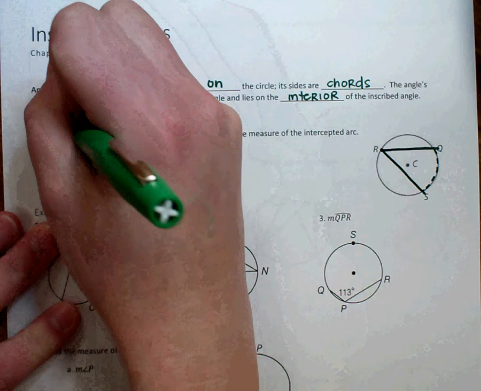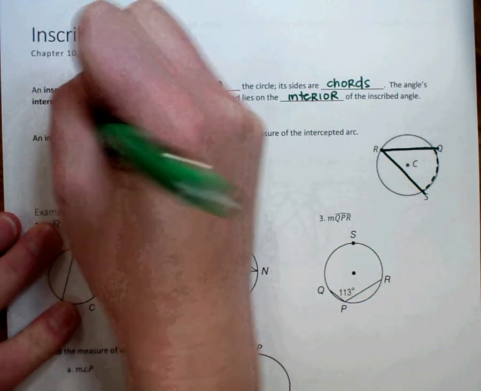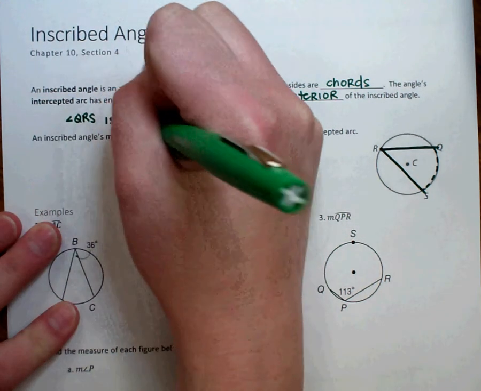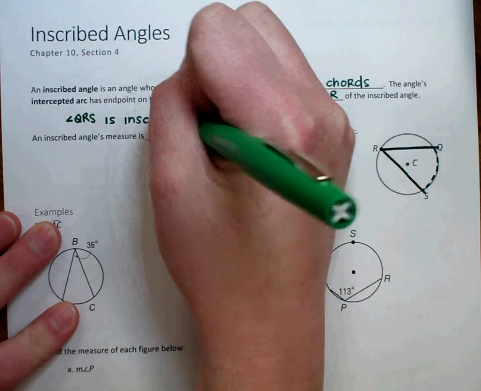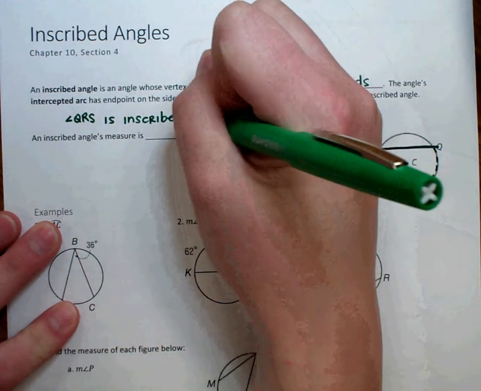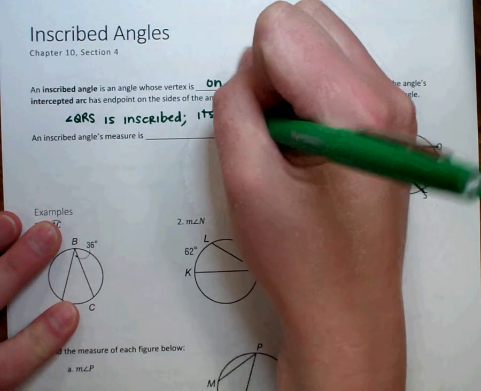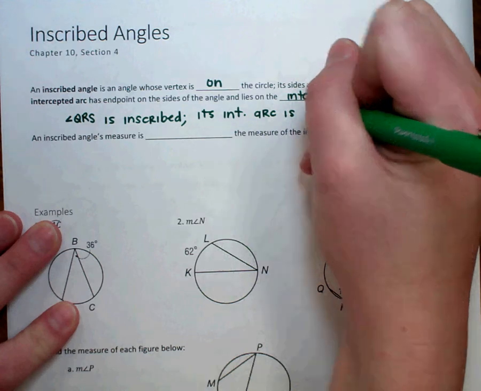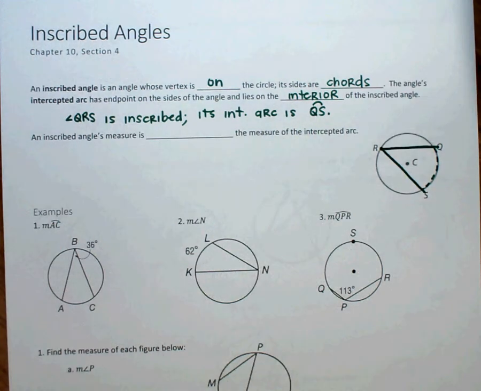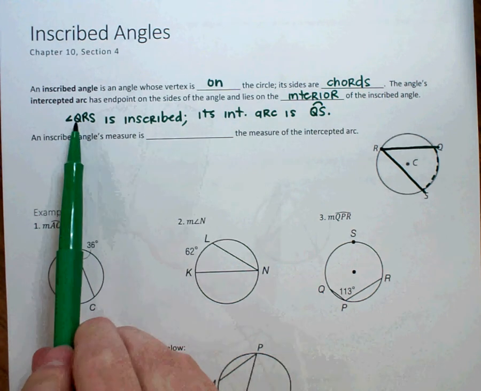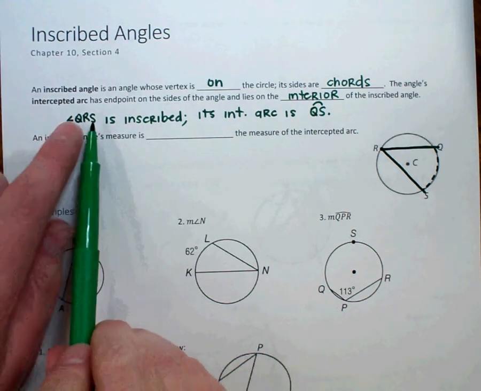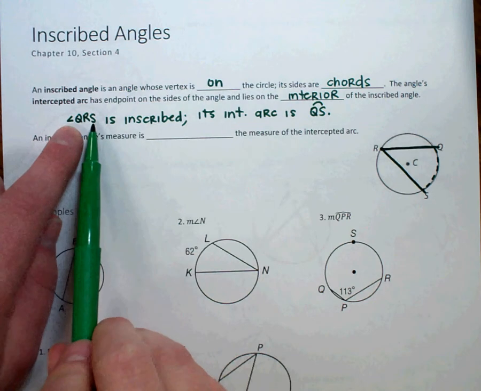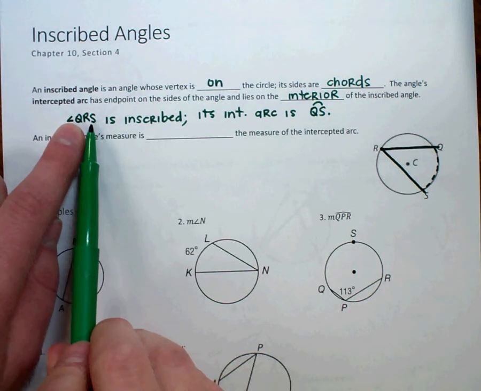So if angle QRS is inscribed, its intercepted arc is arc QS. An easy way to check is if you're naming this angle with 3 letters, the intercepted arc is going to have the 2 endpoints that are the first and the third letter of the inscribed angle's name.